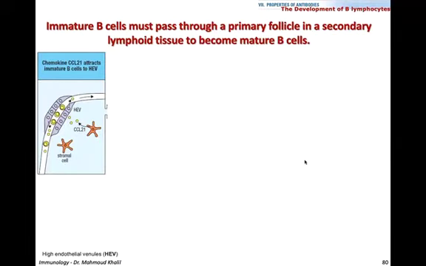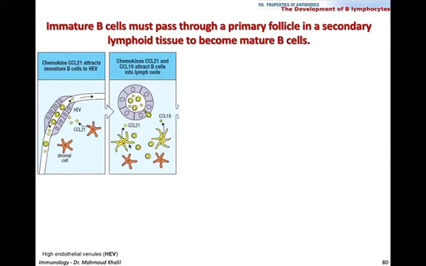So here we can see how it gets activated once it reaches the secondary lymphoid organ. You can see here the yellow cells are the B cells. They are moving into the capillaries of the secondary lymphoid organ, and upon the secretion of the chemokine CCL21, this will attract the B cells to this region of high endothelial venules.